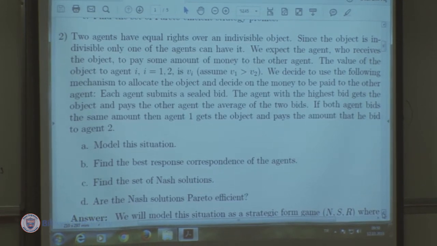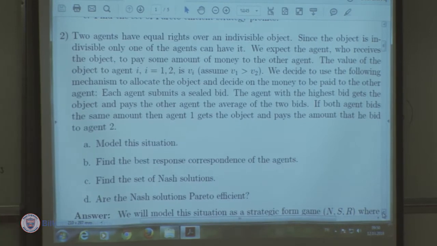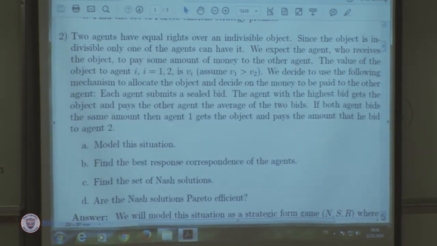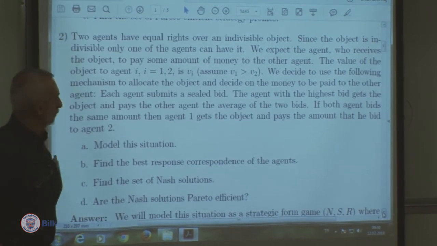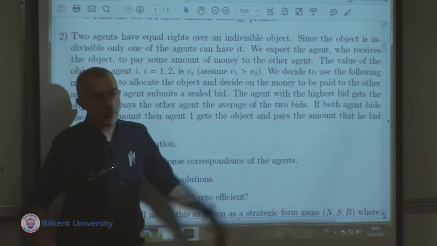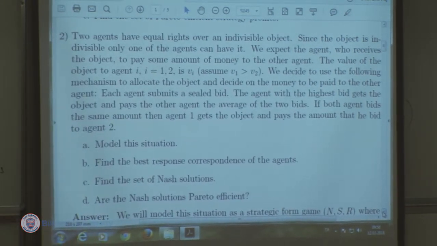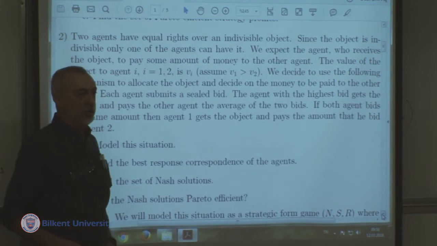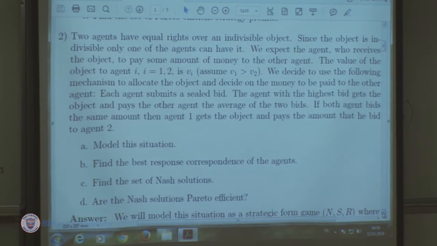So we have two agents who have rights over an indivisible object. So me and my sister have a right over an indivisible object. Because the good is indivisible, only one of us can get it. So among us, we devise a method to allocate this object.